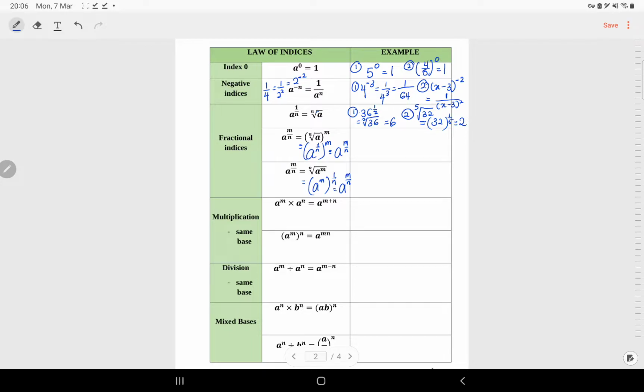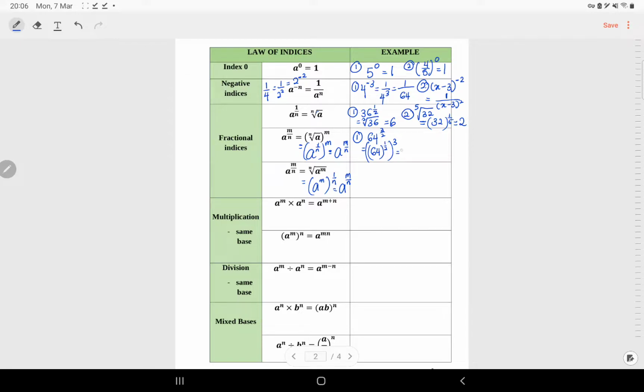So if I give you an example, example 1, let's say 64 to the power 3 over 2. You can express this index in the form of 64 to the power half, and then the whole thing to the power 3. 64 power half basically means square root of 64.